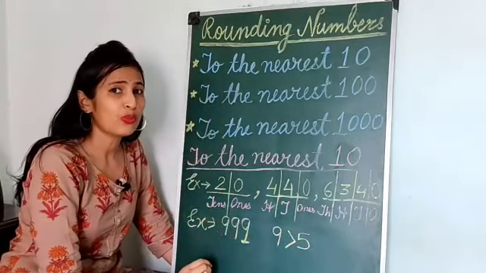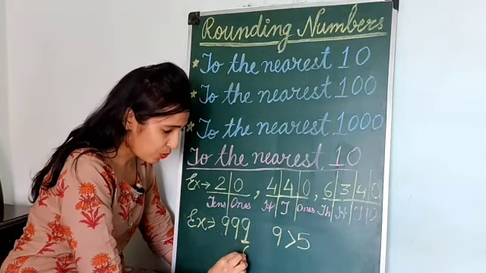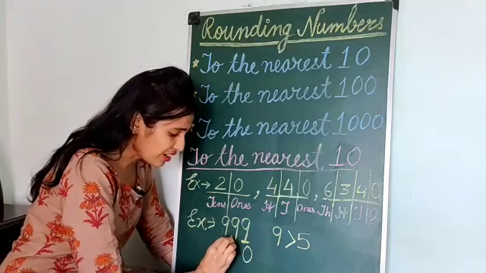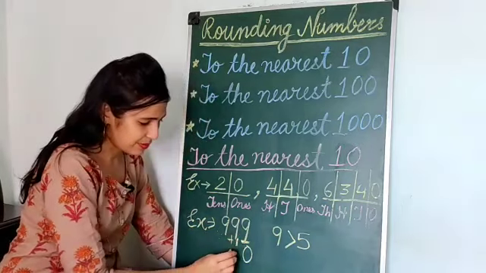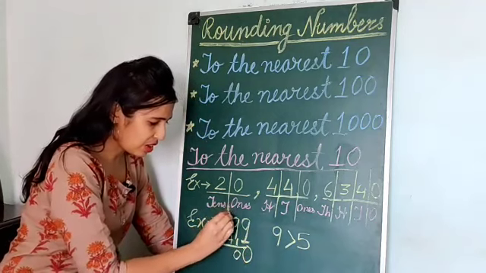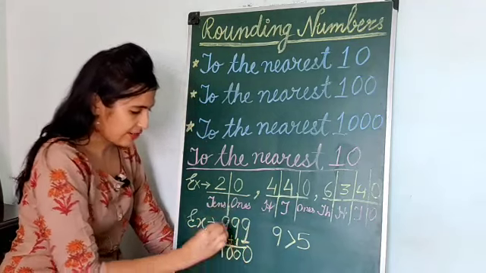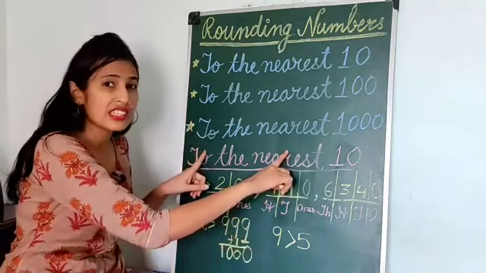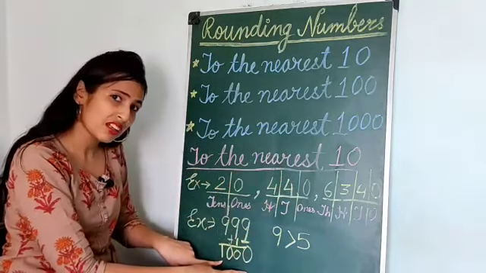So what will I do? I will write 0 in the ones place and add 1 in the tens place. So it will be 91 plus 1, which is 10, carry 1, 10. When I round off 999 to the nearest 10, the number would be 1000.